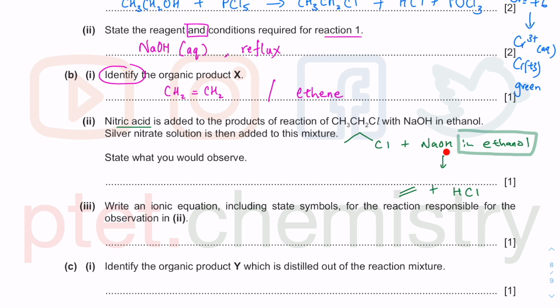Acid will react with the base, and what will happen is instead you get NaCl and water, because the HCl product will be neutralized by the basic conditions, and also give you alkene. But what is interesting is you have Na+ and also Cl-.